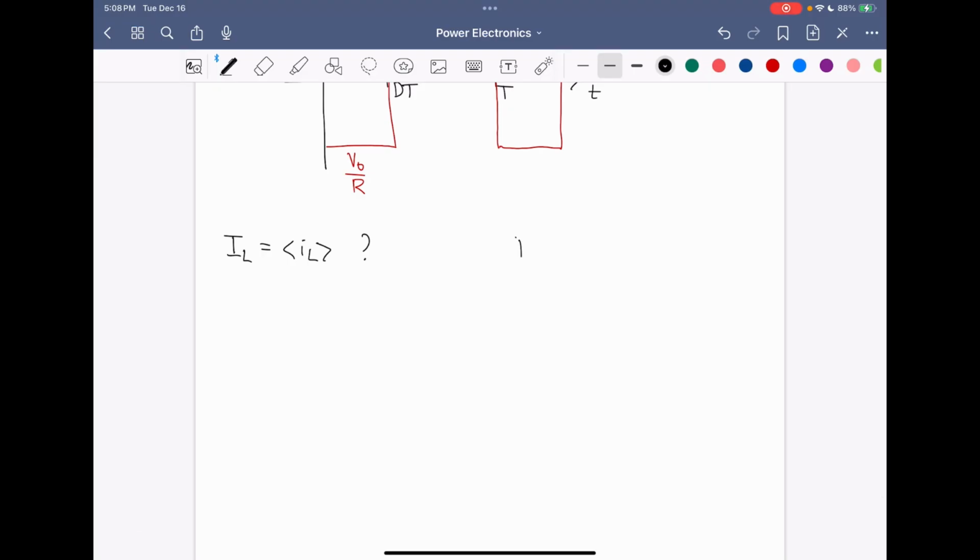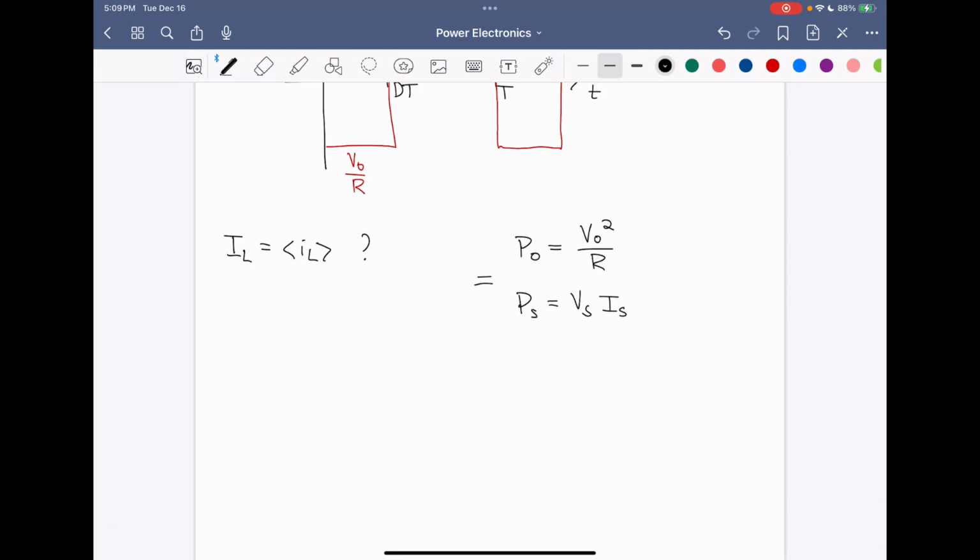So the output power PO is equal to VO squared over R, and the source power is equal to the voltage of the source times the DC current of the source. So we know these two quantities are equal to each other.